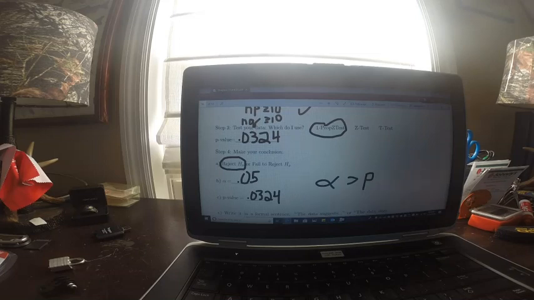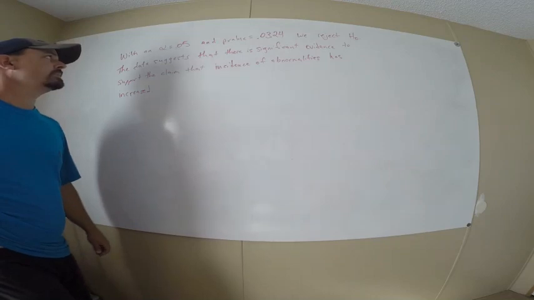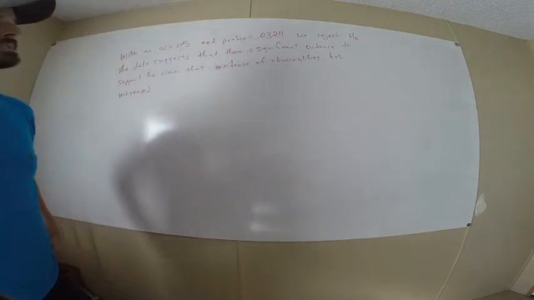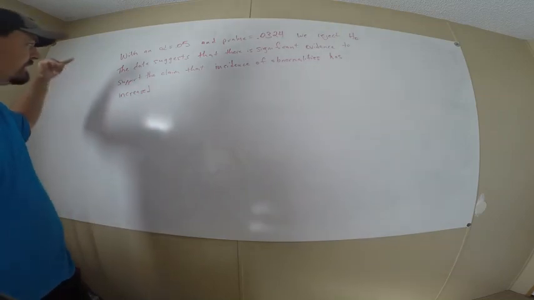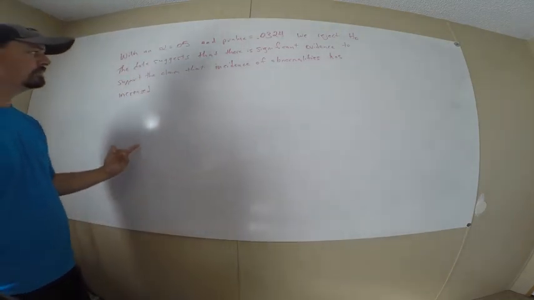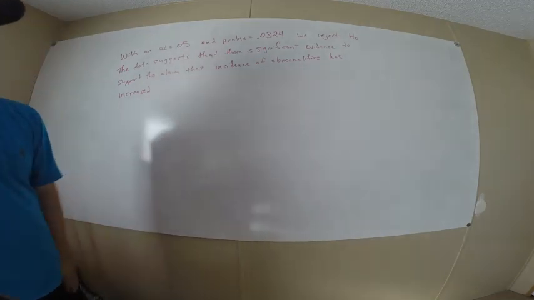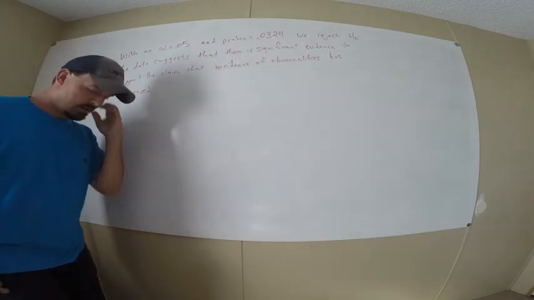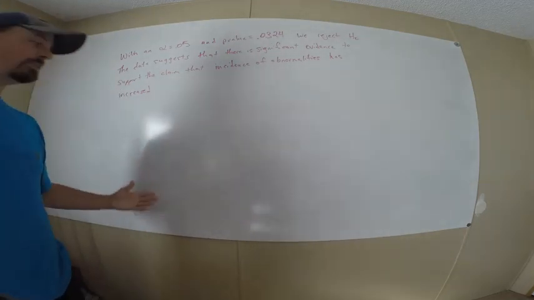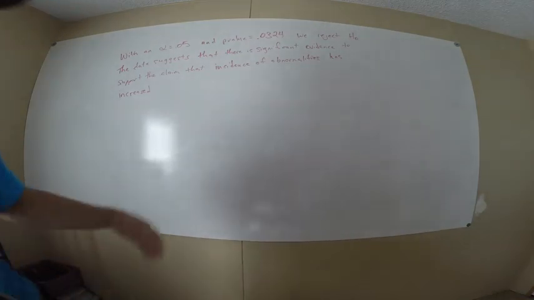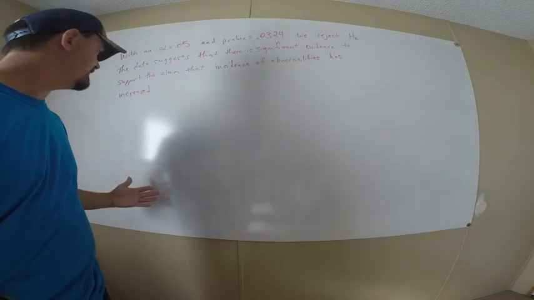So let's go to the board and do that. Alright, so with an alpha equal to 0.05 significance level and a p-value of 0.0324, we reject the null hypothesis. The data suggests there is significant evidence to support the claim that the incidence of abnormalities has increased. Now here's where I'm really careful, because if you go back to the question, it says something about the number of chemicals in the environment having led to the increase in the incidence of abnormalities.